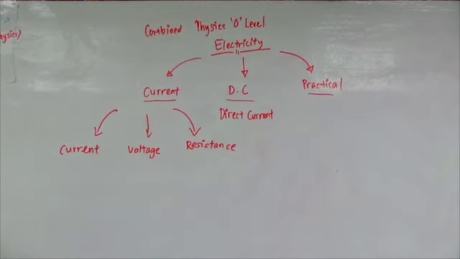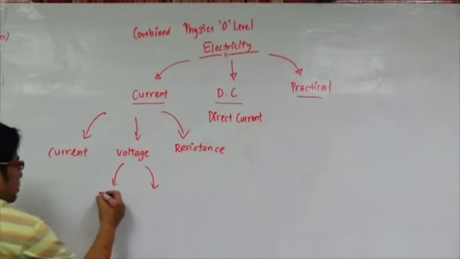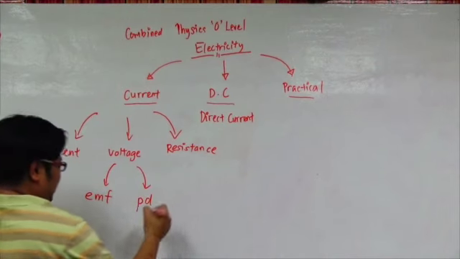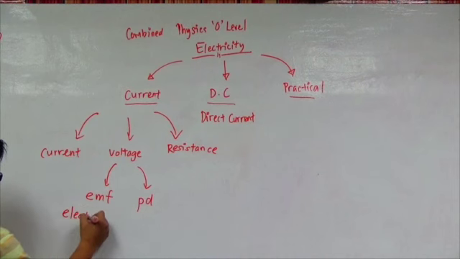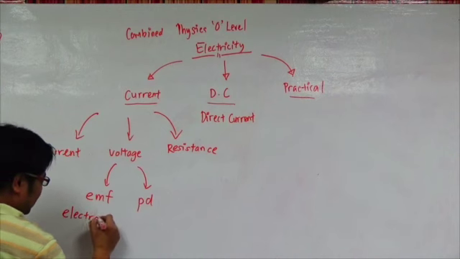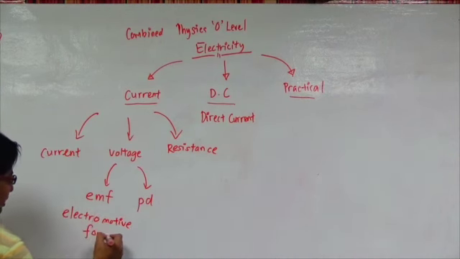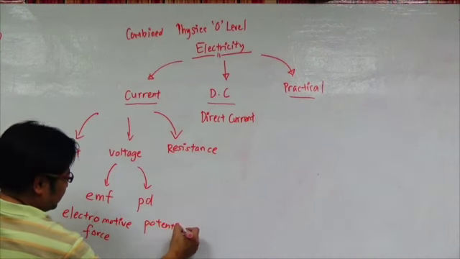And under voltage, they further divide into what you need to know, this thing called the EMF and the PD. EMF stands for electromotive force. And PD stands for potential difference.